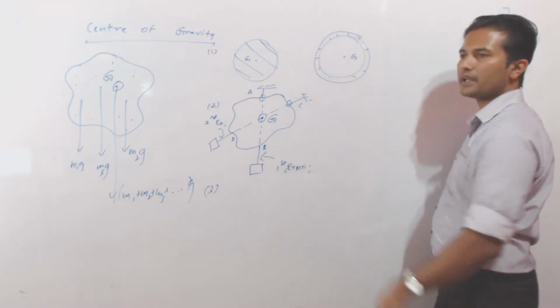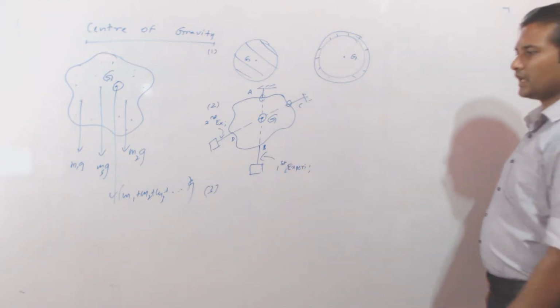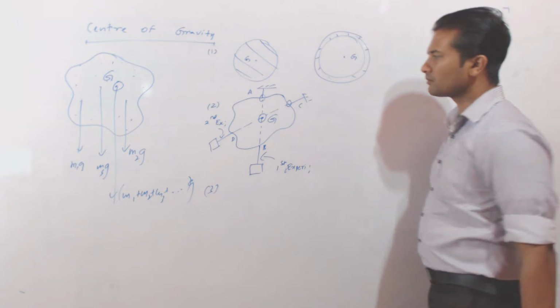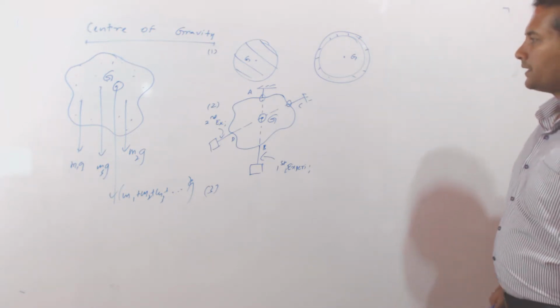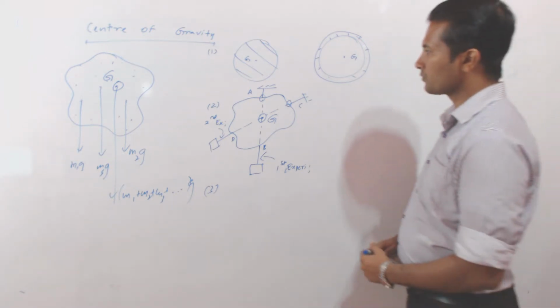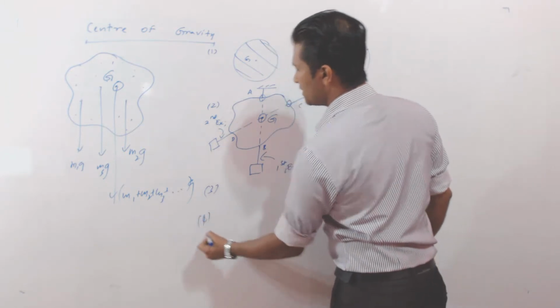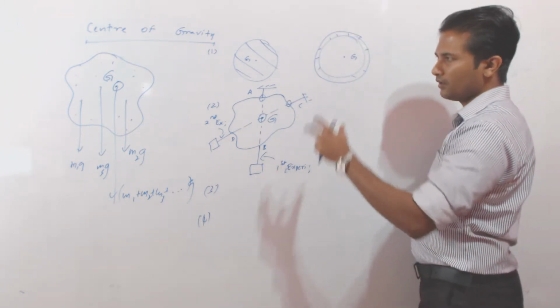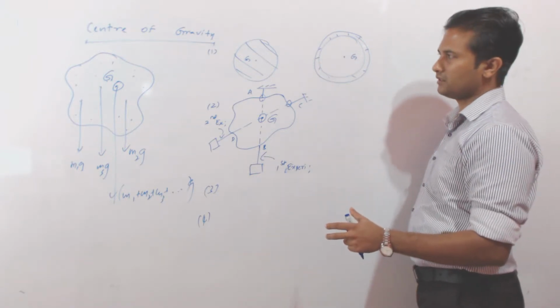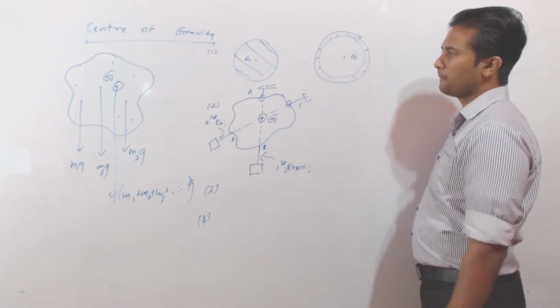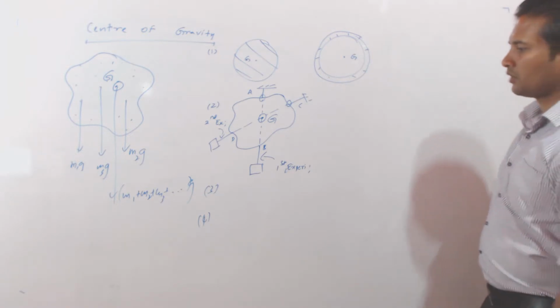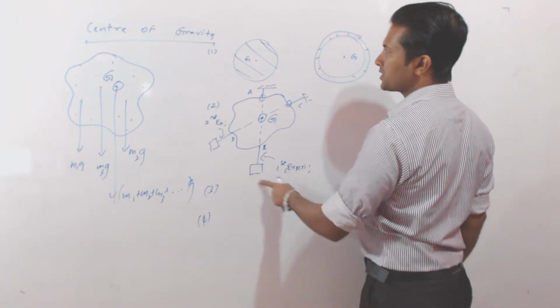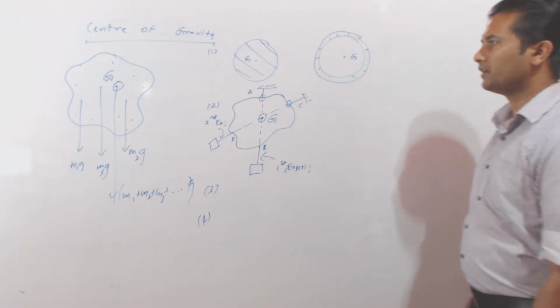That is the third one. Then the fourth one is that the center of gravity doesn't depend on where the object is located. Those are the main features of center of gravity.